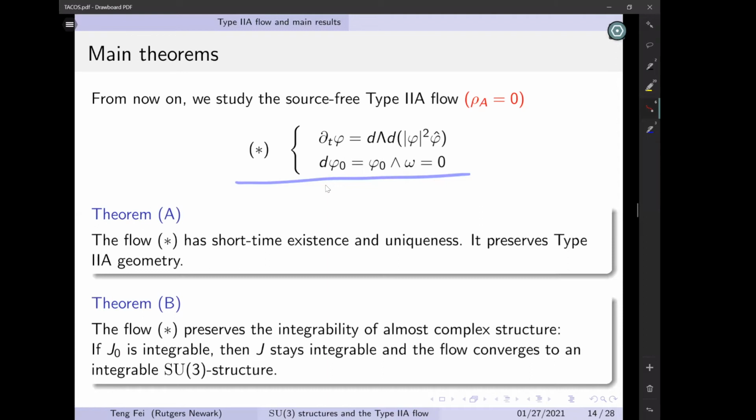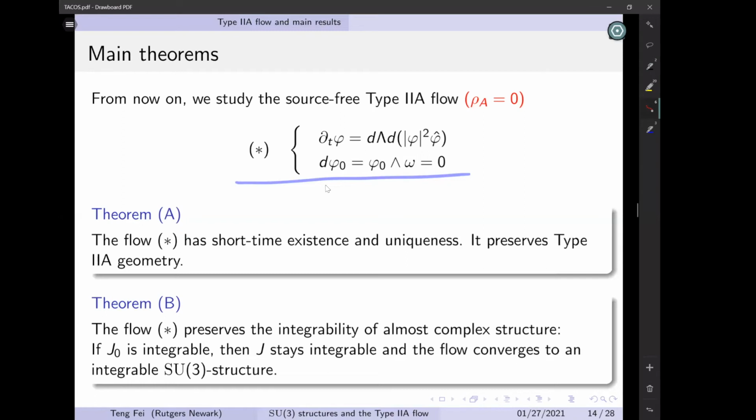So in this case, this J is still evolving, it's still changing, but it's always integrable. And then finally, it becomes the optimal J, giving us an integrable SU3 structure.